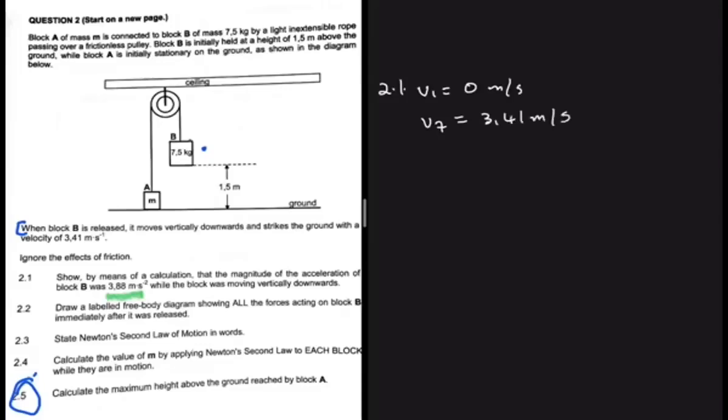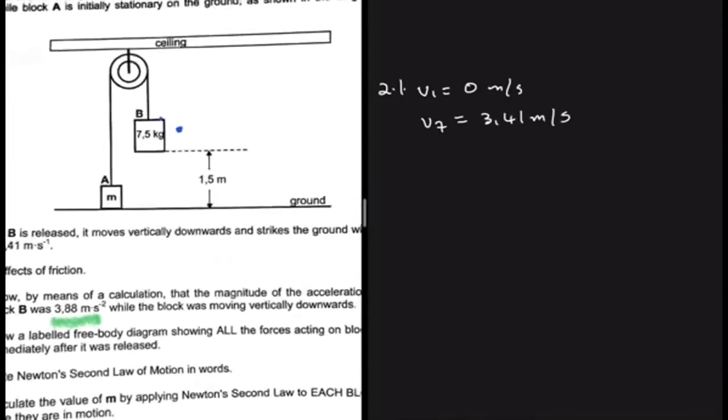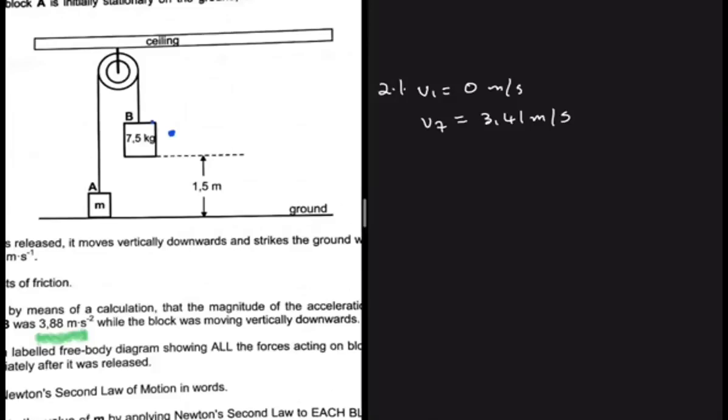What else do we have? We have the distance or the displacement of our object B, right? From the time it is released to the time it strikes the ground. So we have delta Y being equal to 1.5 meters. And what are we looking for? We're looking for the acceleration, right?